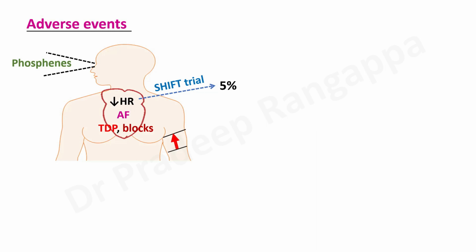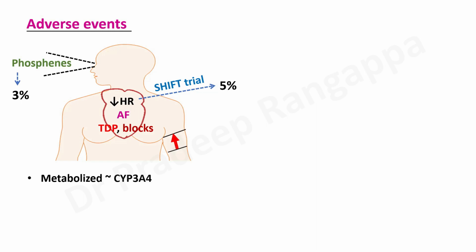So they can have these phosphenes, and this was present in 3% of the patients in the SHIFT trial. So eye symptoms can manifest in a small percentage of patients. They basically have some sort of a lightning feeling in the eye or in the visual fields, a bit like floaters, is what has been documented.